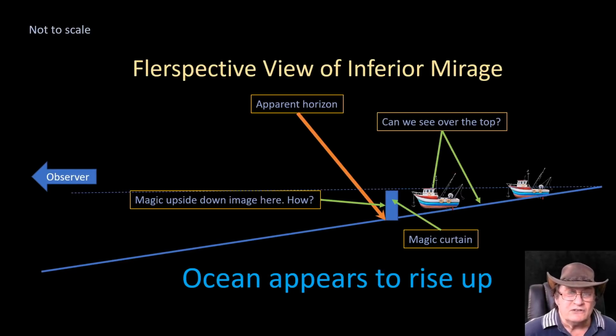And so I also tried to think about, well, what about if it's just a magic curtain which hangs in front of anything behind it? And again, we have the problem. How does the magic upside down image appear on the front of this magic curtain? I don't know. And if we were to get higher and look over the top of this curtain, wouldn't we see more of this boat? I've never seen that happen either.